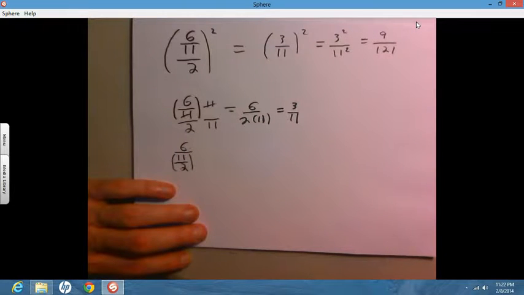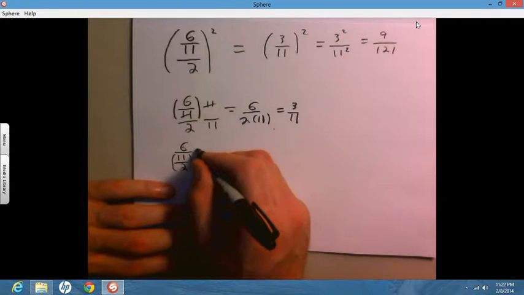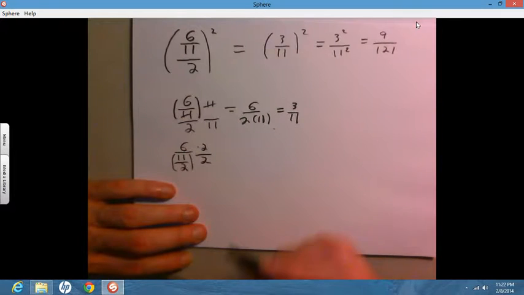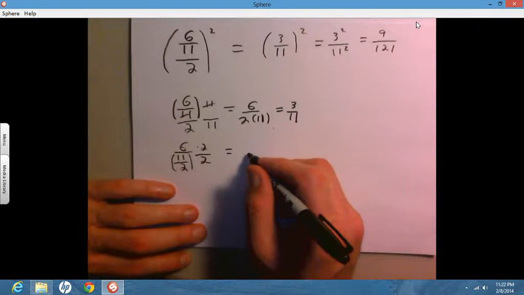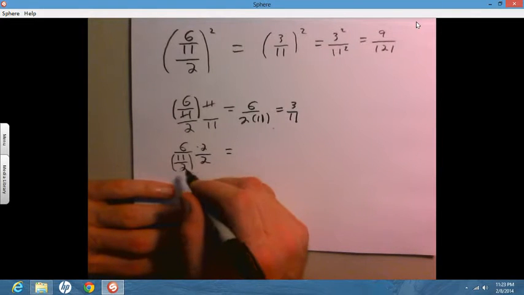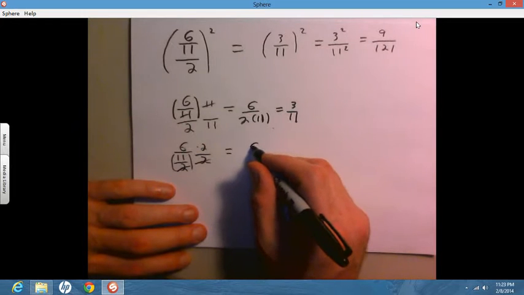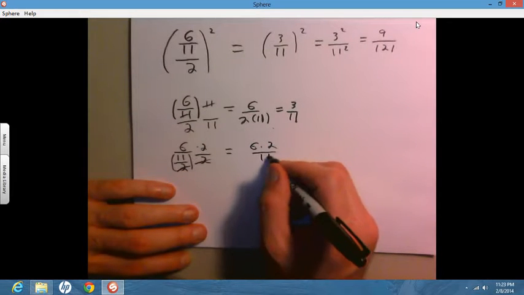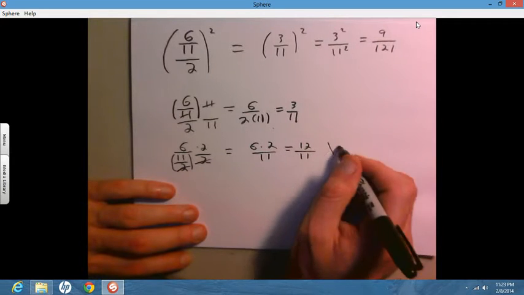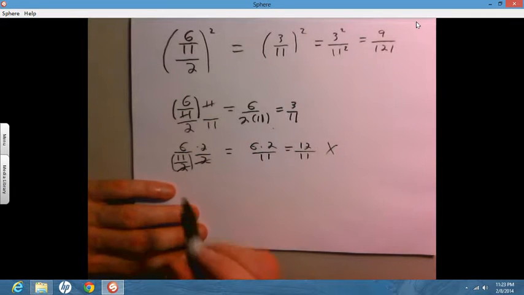Because if I multiplied the numerator by 2, and I multiplied the denominator by 2, if I did it this way, the 2 would cancel with the 1/2 down here, and this would equal 6 times 2 divided by 11, which is equal to 12 divided by 11, which is not right. Okay, so notice that these are two different problems.